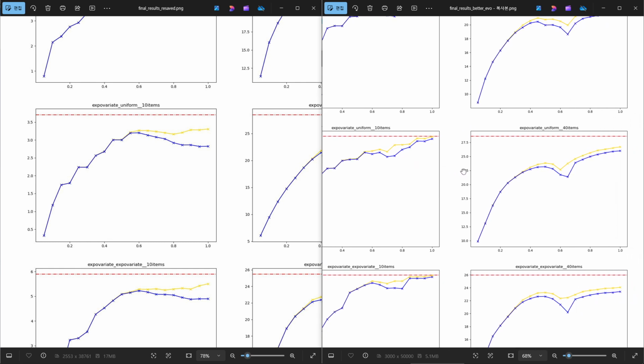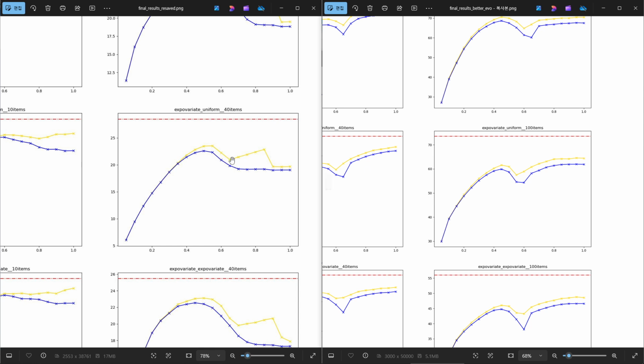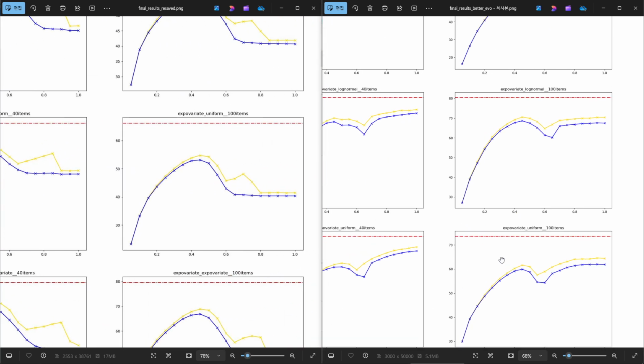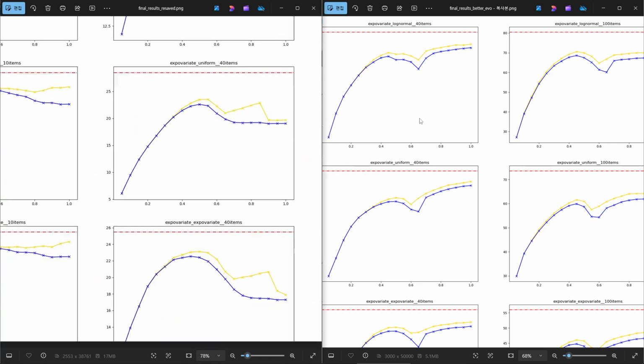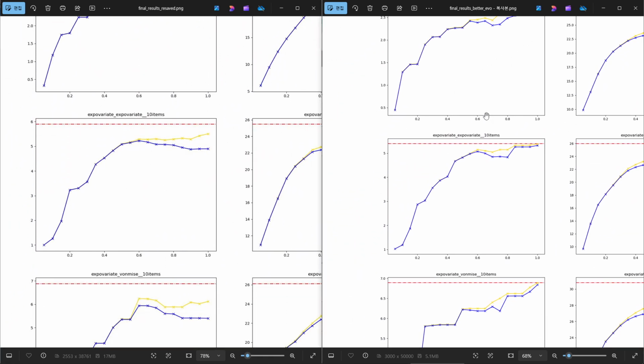Expovariate uniform, 10 items, 40 items, uniform. Maybe with expovariate, with the exponential distribution, maybe this happens with that, but only with exponential distributions, or things like exponential distributions.